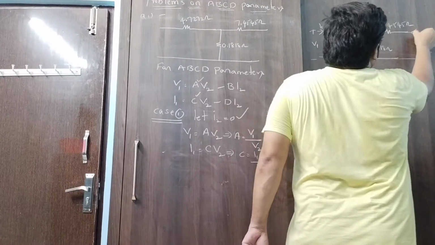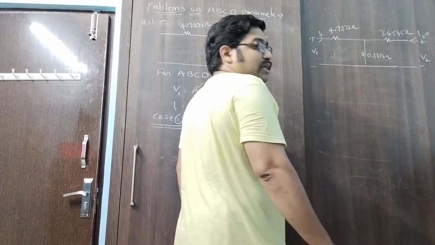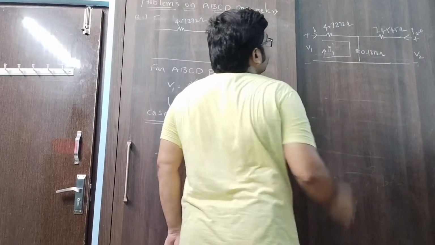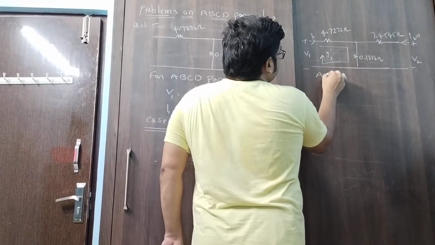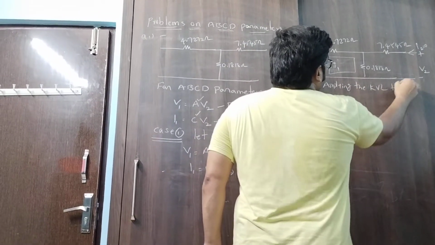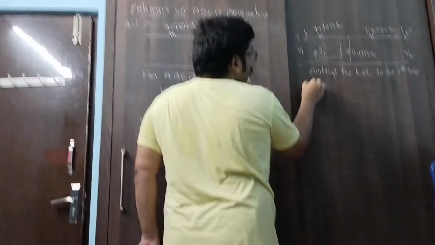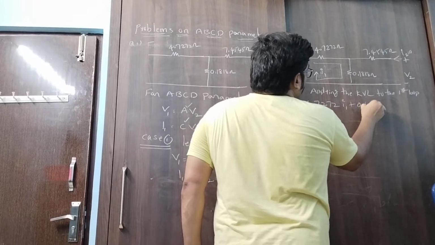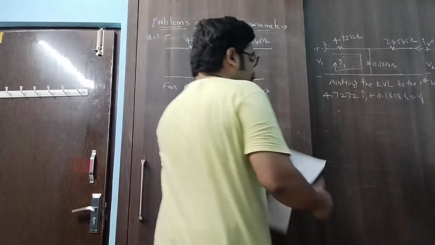When I2 is equal to 0, there is no current flowing in the second loop. So the current is flowing only in the first loop. Applying KVL to the first loop, 4.7272 I1 plus 0.1818 I1 is equal to V1.